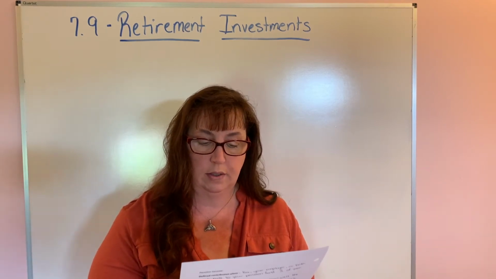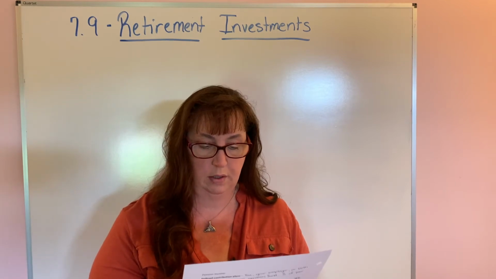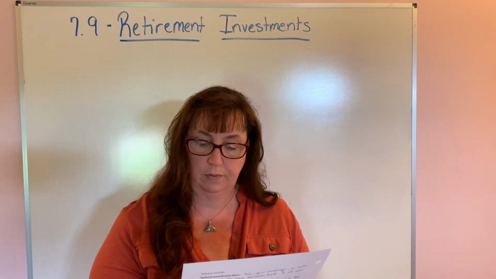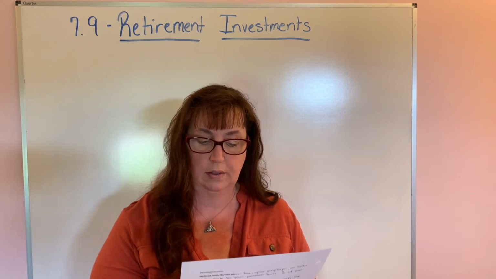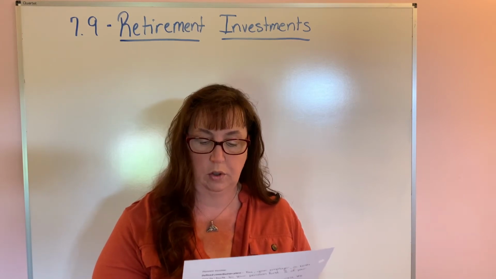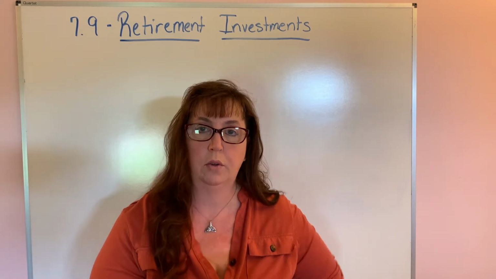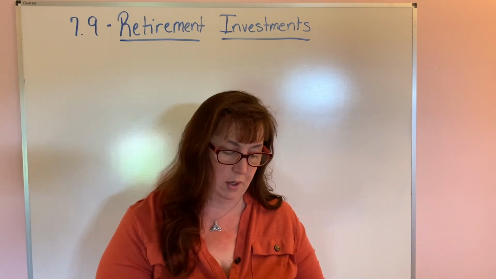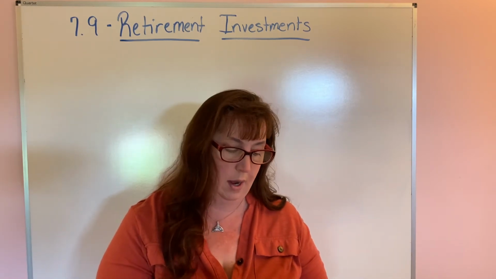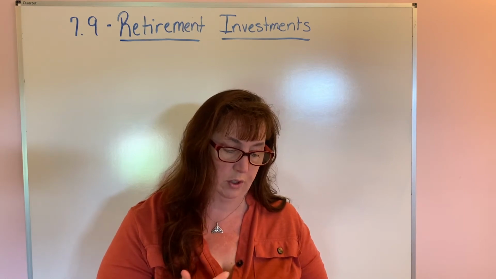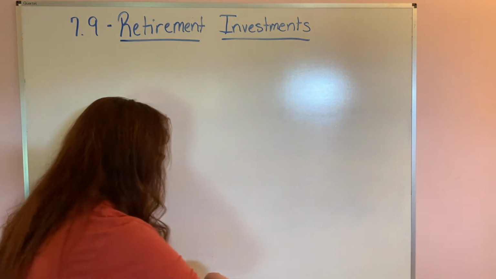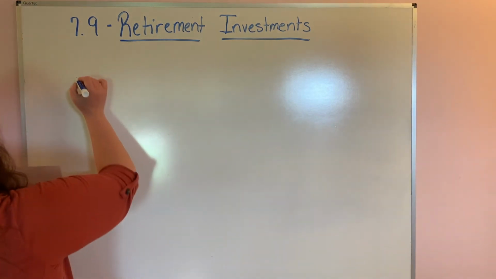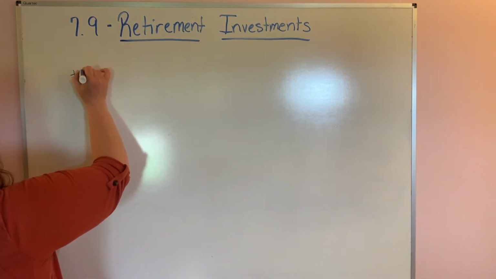What percent, to the nearest tenth, of the fund must Sam withdraw each month to raise his monthly income to $3,600? So he wants $3,600 a month. We first have to figure out how much he gets from Social Security and his pension together. Let's add those two things together.